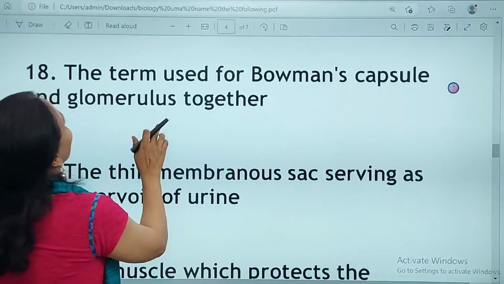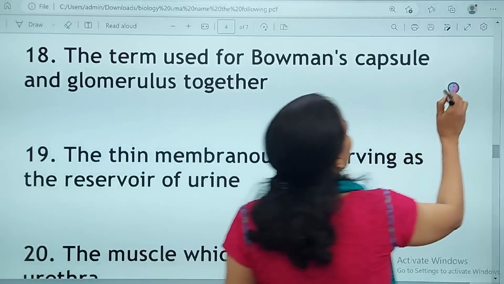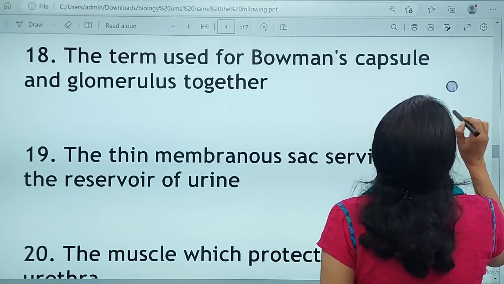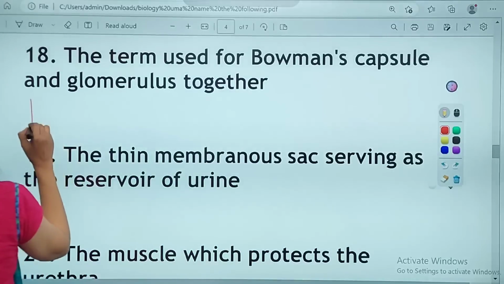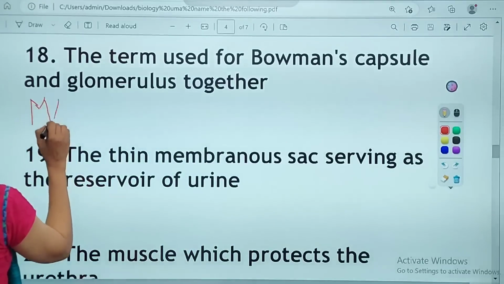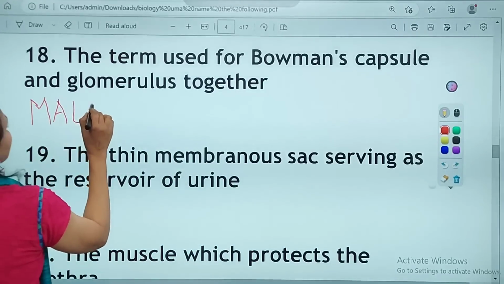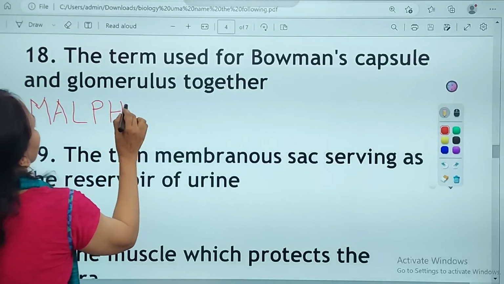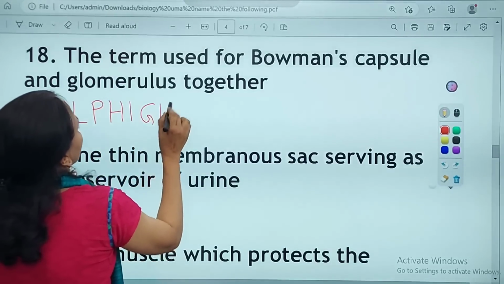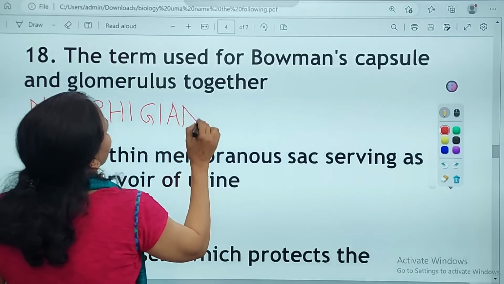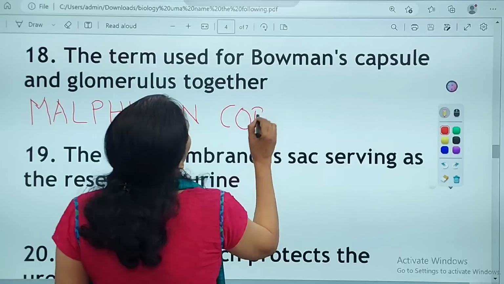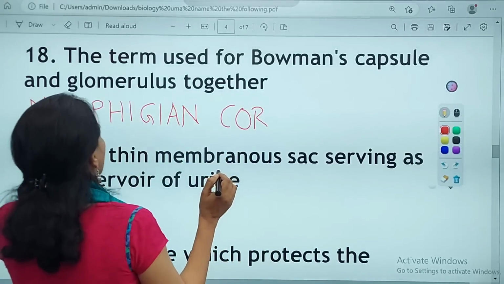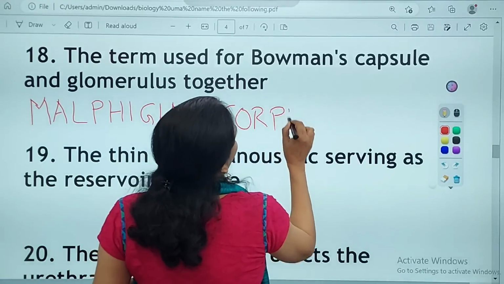It's called, let me go back to my pen so that I can show you. Write it and show because this is again something in which the spelling can be a little complicated. So it's called Malpighian tubules. Malpighian tubules is a full thing. So in this case, what you're going to write, Malpighian corpuscles you will write, okay? Or renal corpuscles also they are called, but I would suggest that you stick with this word, Malpighian corpuscles.